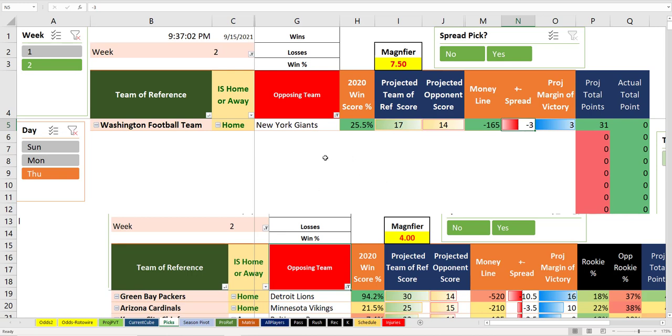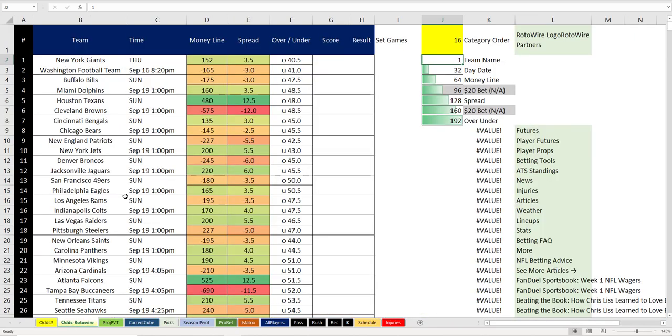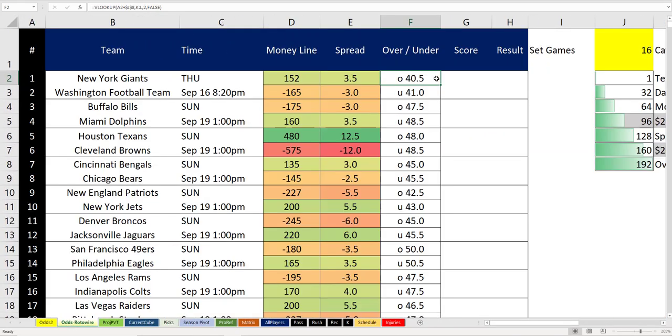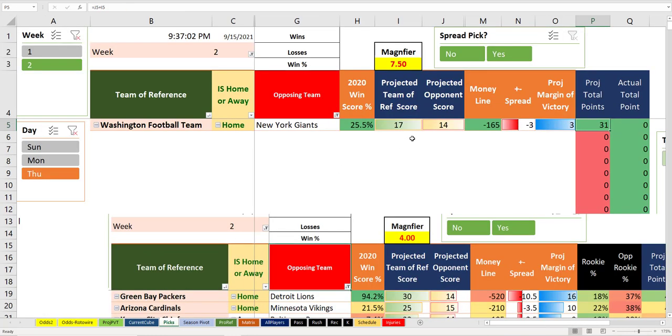Well, I'll tell you what you do. Do you see how the score of this game totals up to 31 points? Do you know what the over-under is for this game? Apparently it's 40 and a half or 41. Well, the algorithm is saying that it's 9 to 10 points below that.